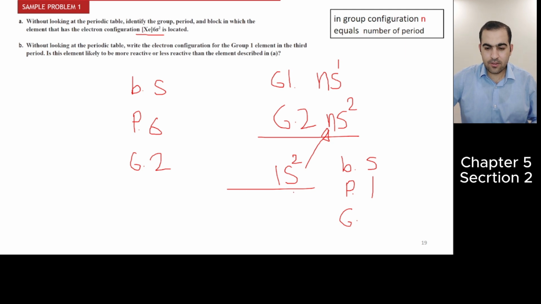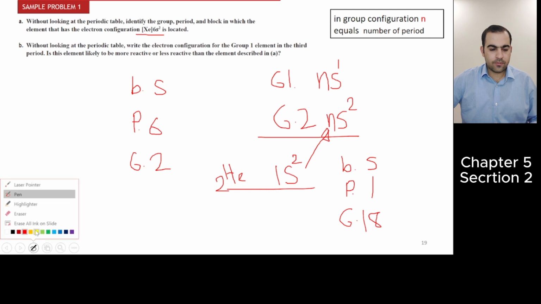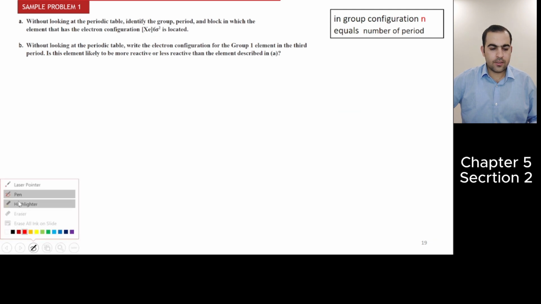But actually not. Why? Because this is the electron configuration of helium. So helium is in which group? It's in group 18. This is an exception. Know this.